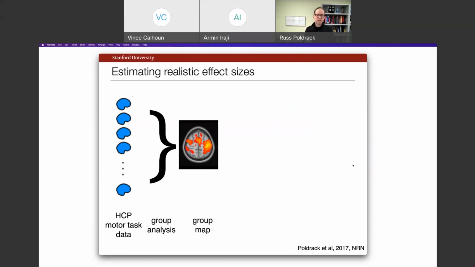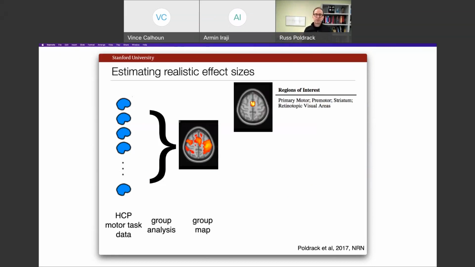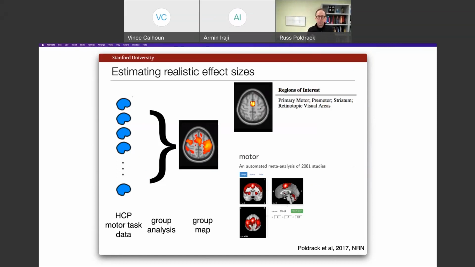So in order to find realistic effect sizes, what we did was we took the Human Connectome Project data, did a group analysis for each of the tasks, and then fortunately, the HCP project had written down before the study what the regions of interest were for each task. So we took those, and then in order to be sure we were finding voxels where we were really certain that there should be activation for whatever the task is, we conjoined this with meta-analytic results from Neurosynth to basically try to find the voxels where we're really sure there should be activation, but that are independently identified from the actual data. Then we put those together to get an unbiased effect size estimate.